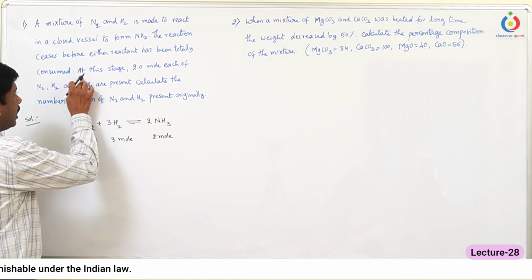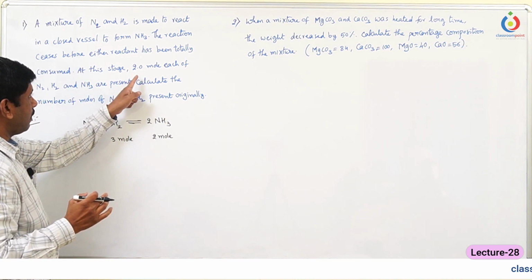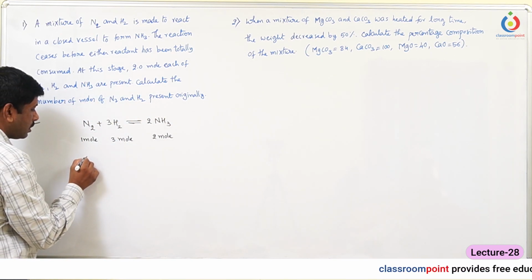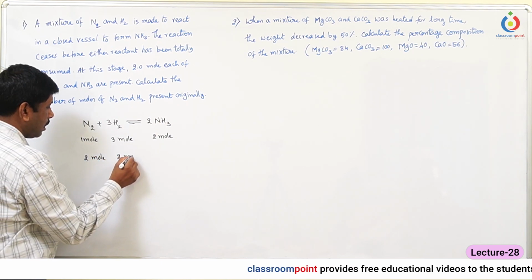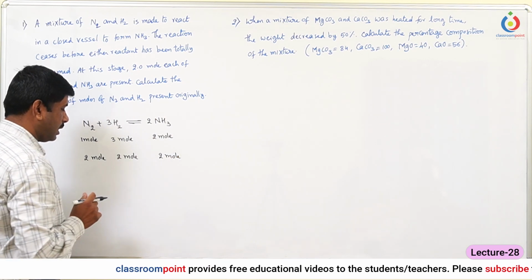And what they are saying is that after the reaction is stopped, the final reaction mixture has 2 moles each of all these components. So finally how much is present? 2 moles of nitrogen, 2 moles of hydrogen and 2 moles of ammonia are present.